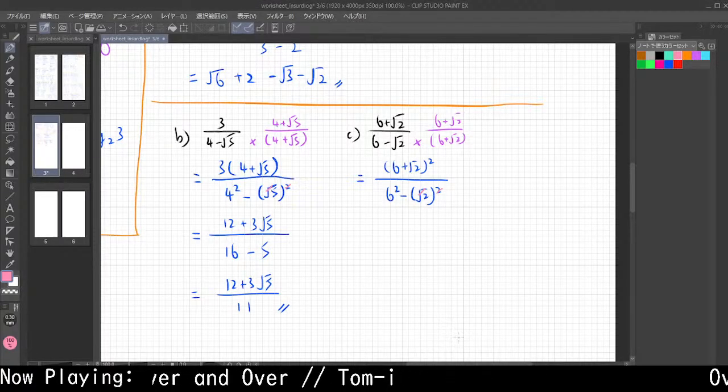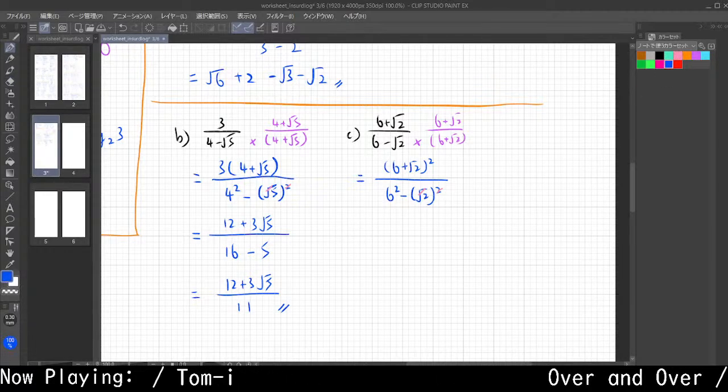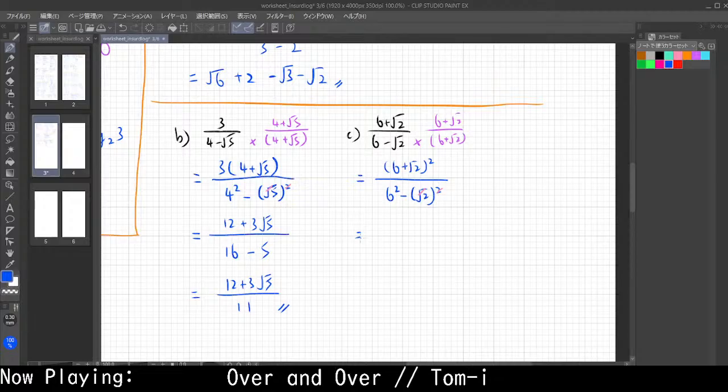Okay, so continue. Okay, so 6 square minus 2. 6 square is 36. 36 minus 2 get 34.